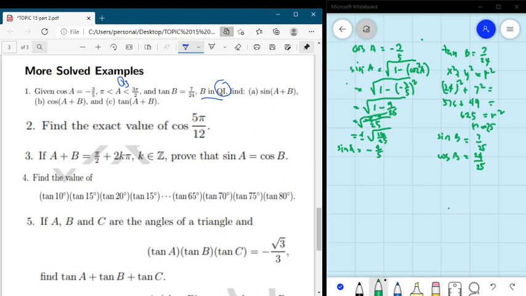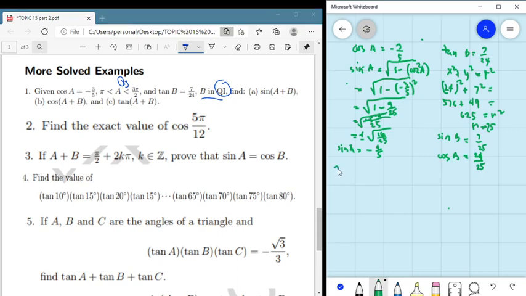In the book they are both negative because it assumed beta in quadrant 3, but in the given it's quadrant 1, so it should not be negative, they should both be positive. Okay, so I do hope that it's clear now.